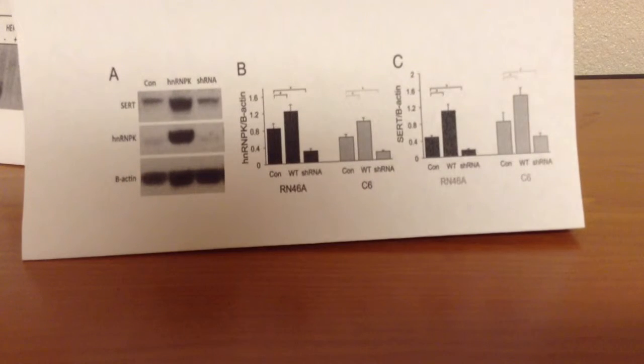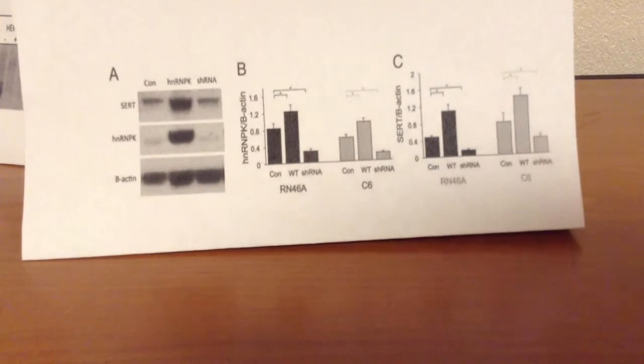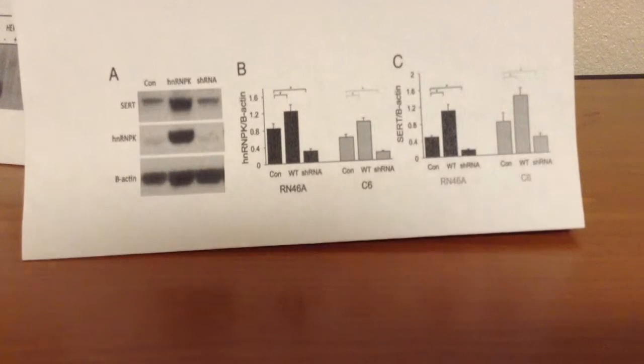What happens if we knock out the gene that expresses A10? What basically happened is what we expect. Both the A10 and SERT protein production are decreased. This is what you can see here. In A is a Western blot contrasting the wild type with cells treated with a short hairpin RNA that interferes with the expression of the two proteins.